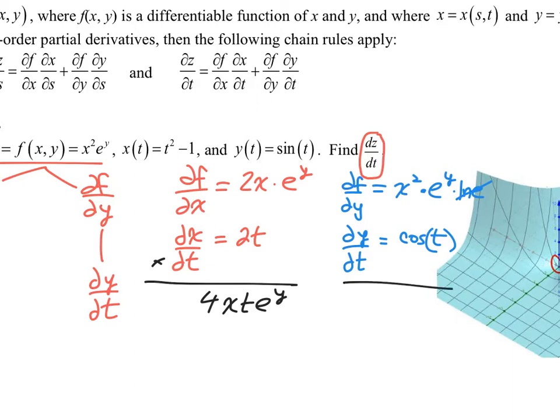Multiply those two things together. It's going to look ugly, but we'll take it. We're going to have x squared, e to the y, cosine of t. Add those two together, and that's your derivative of z with respect to t.